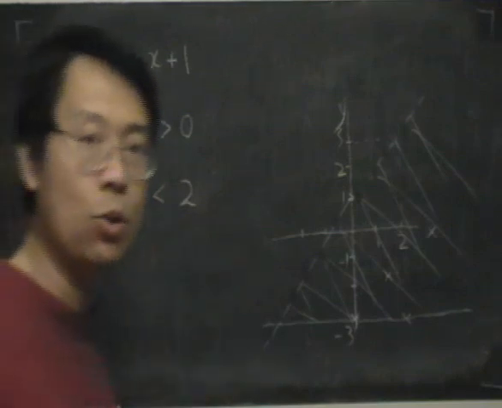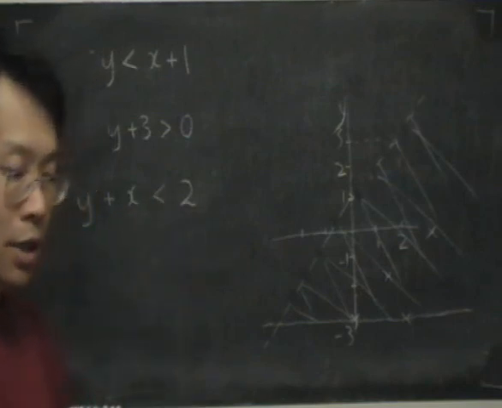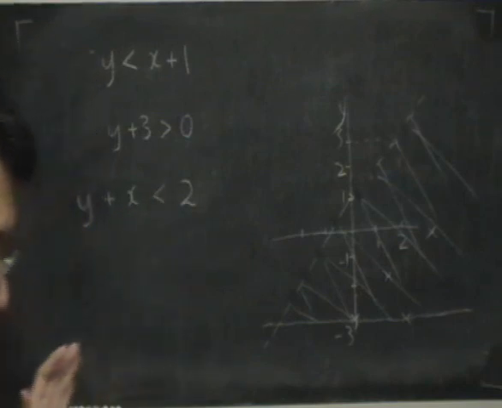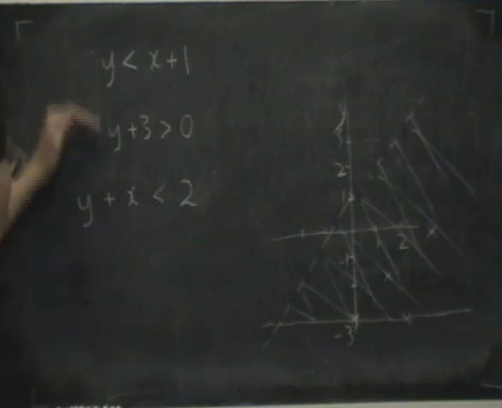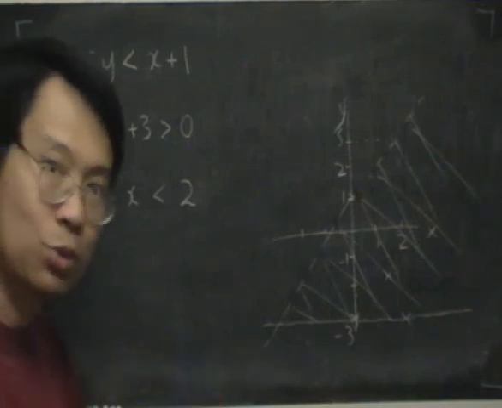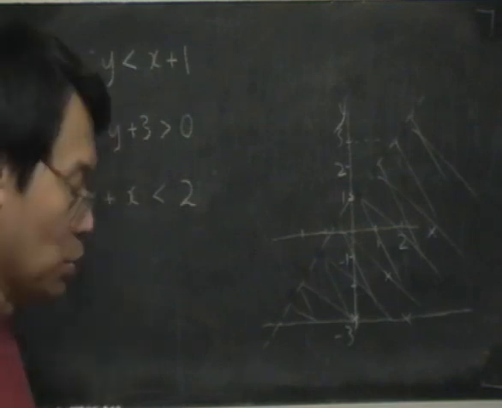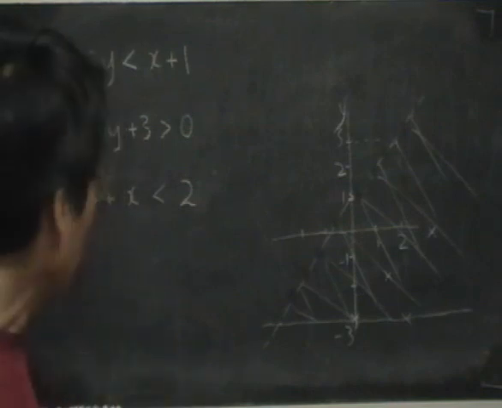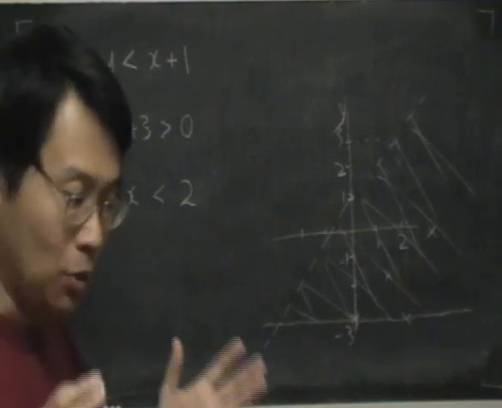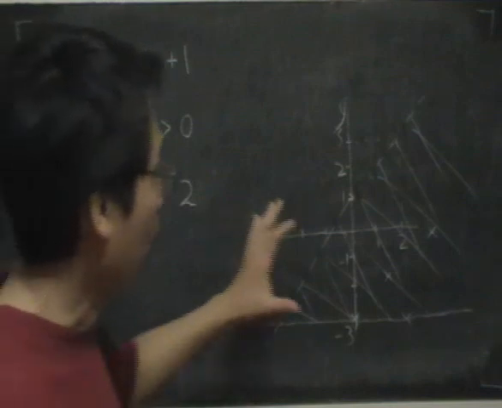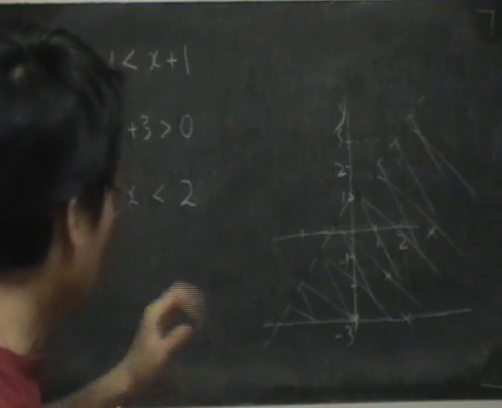Suppose we have this inequality, y plus x less than 2. Now I want to find the possible x and y that satisfy all three inequalities. So we have three inequalities now. Okay, as with the previous inequalities, what I'm going to do is to just look at this one first on its own and find out what is the possible area on the graph.